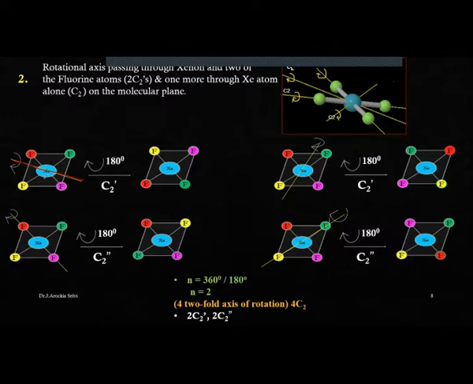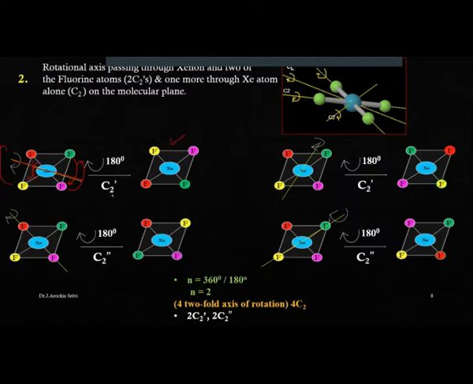The rotation is made in such a way that we get an indistinguishable configuration. So if a 180-degree rotation is done, this goes here, this comes here, this goes here and this comes here. So it is changed.